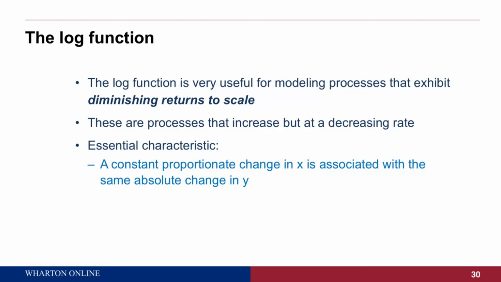Do you think it's relative change in x to absolute change in y, or absolute change in x to relative change in y? And here, in the log function, again, the essential characteristic is that constant proportionate changes in x are associated with the same absolute change in y. If you think your business process looks like that, then the log function is a good candidate for a model.